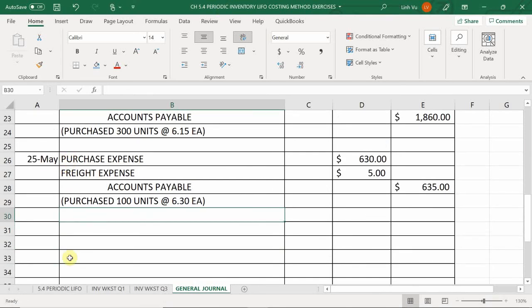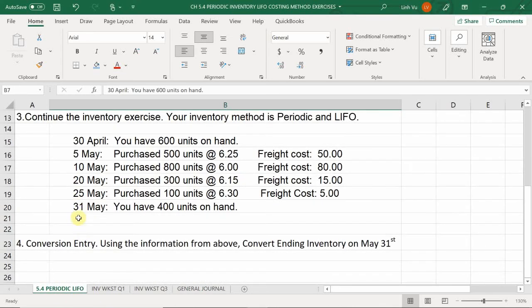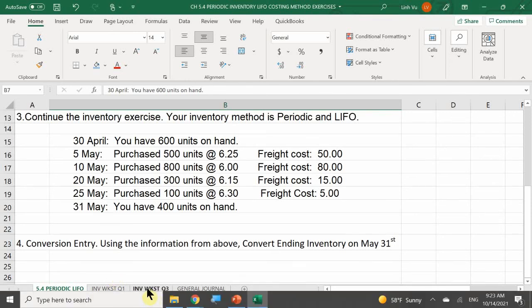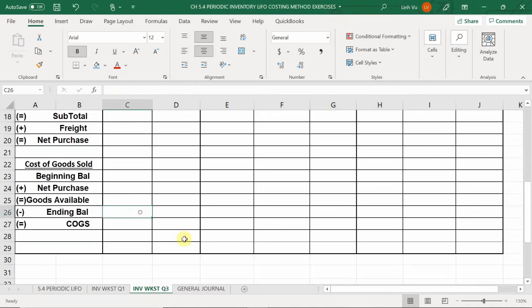All right, so let's go back into our inventory, because now we have one note that says here that on May 31st, you have a total of 400 units left on hand. That indicates to me that I have 400 units remaining.